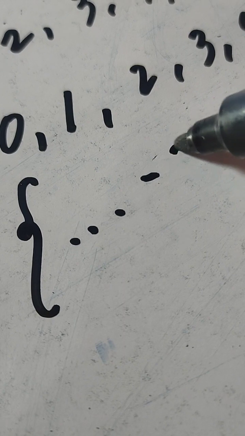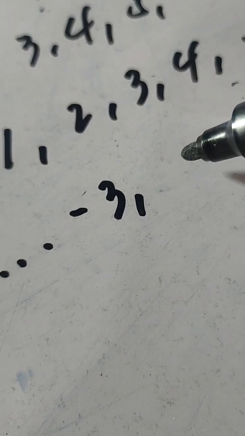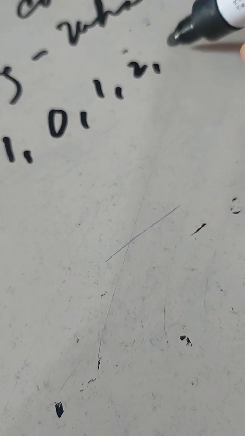So we can have -3 here because there are several negative numbers before it, so we have -2, -1, 0, 1, 2, and so on.